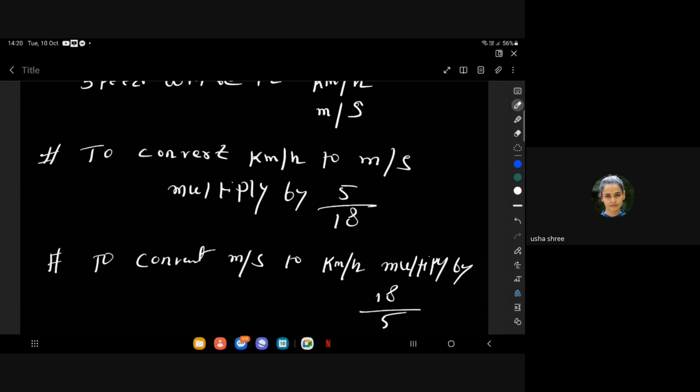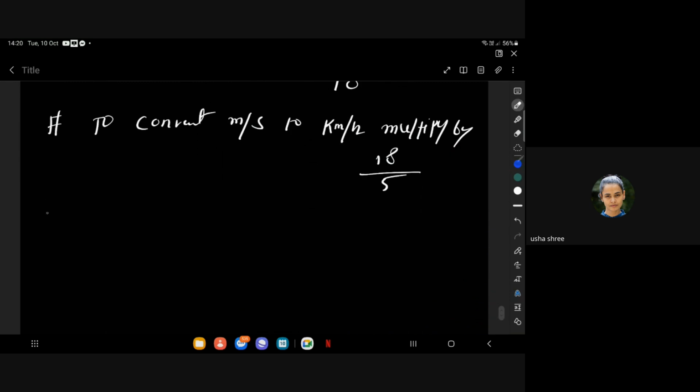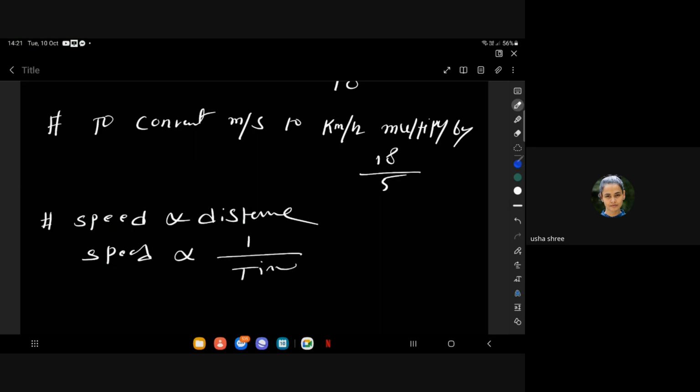So speed tells us how slow or fast an object moves. And speed is directly proportional to distance and inversely proportional to time. Got my point? This is another concept. Speed is directly proportional to the distance, and speed is inversely proportional to the time.